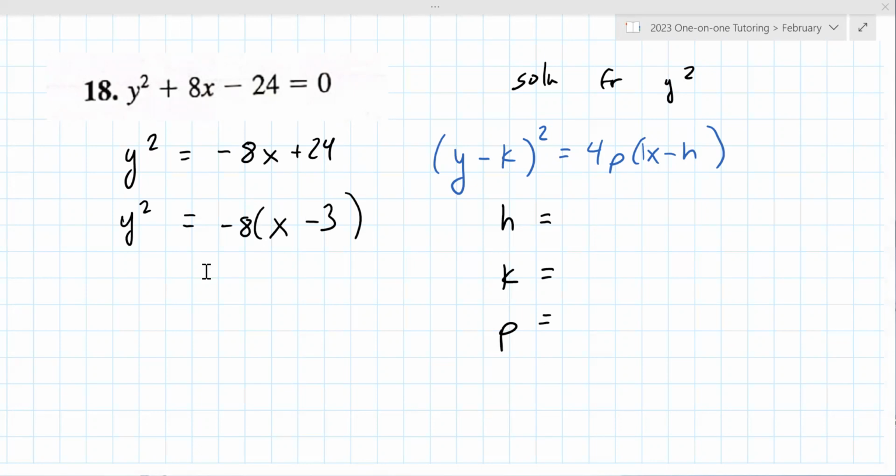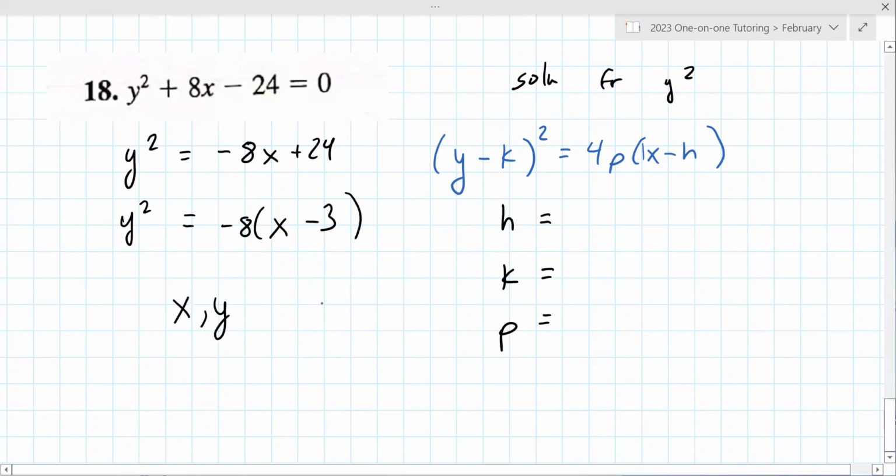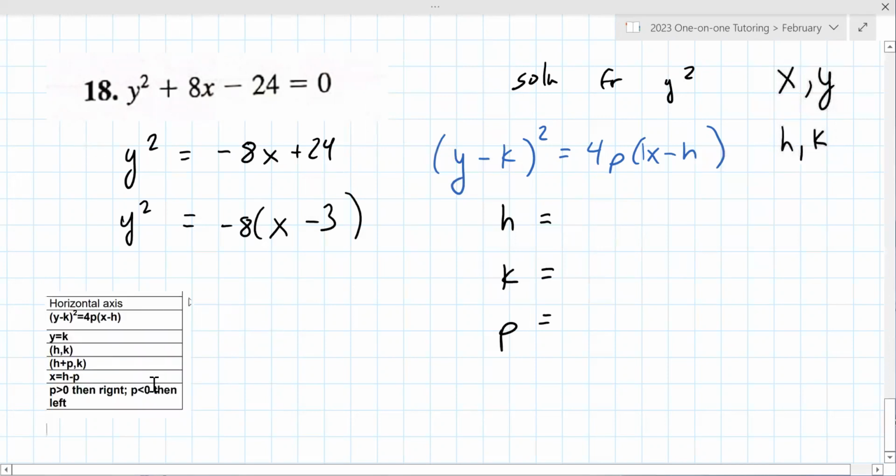Yes, because one of the ways I always remember is, well, x comes before y, h comes before k. Okay. There has to be some logic in math, right? Sometimes. Yeah, sometimes that's fair. So h would be 3. Good, k would be 0. Good. And then p is -2.